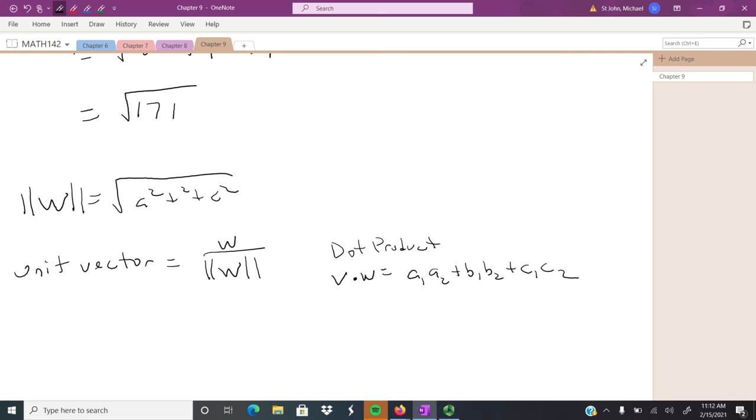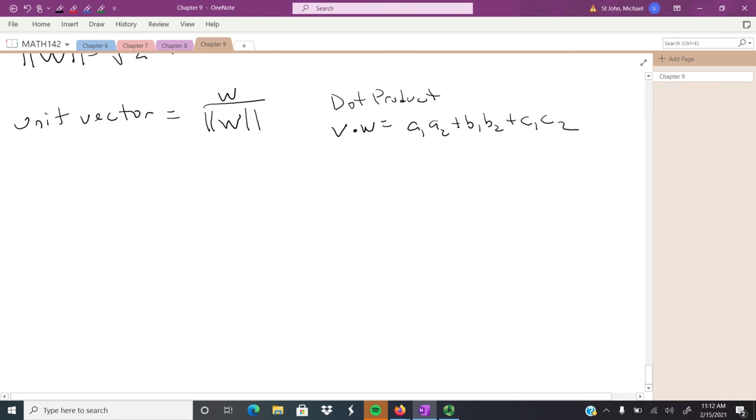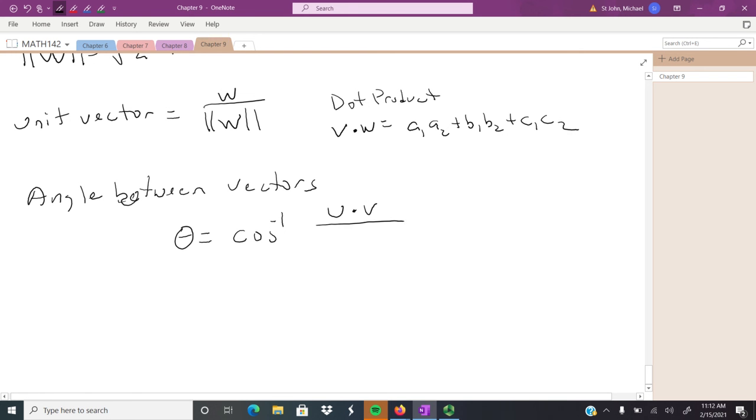So all these formulas are really the same as we've seen before, except we've now added a third dimension. And we can also do the angle between the vectors. That formula, theta, is the inverse cosine of the dot product over the magnitudes.